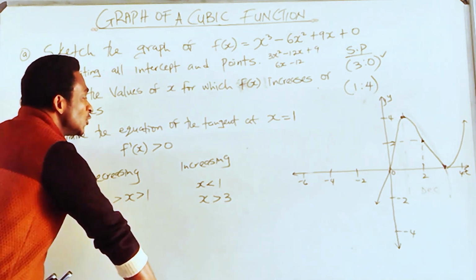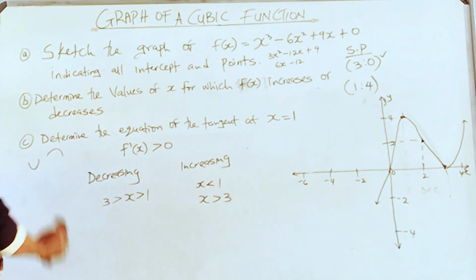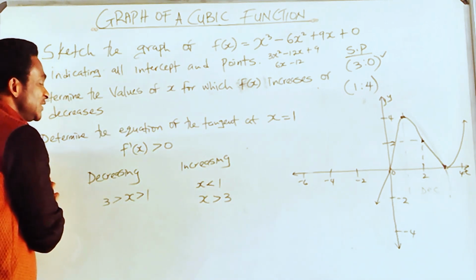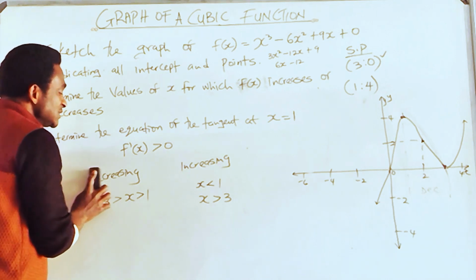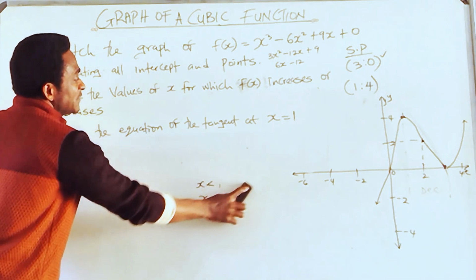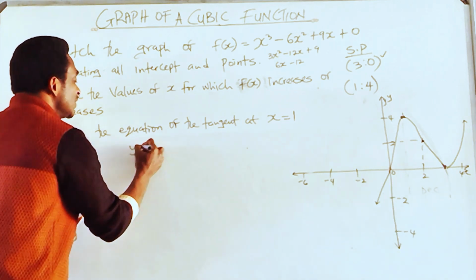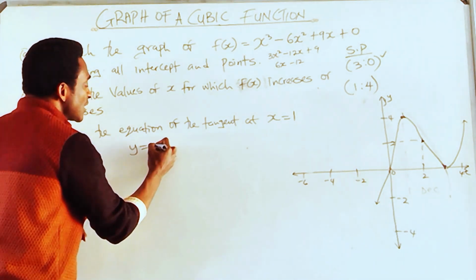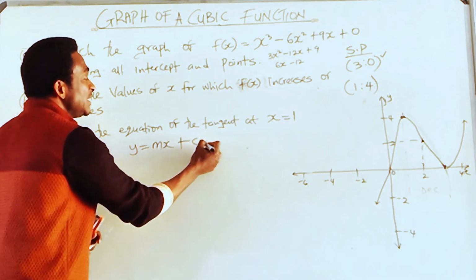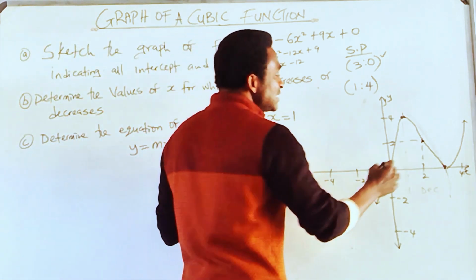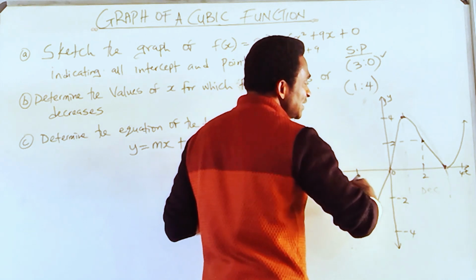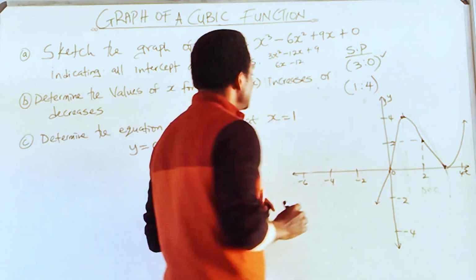Now, let's quickly go through the last question. They are asking us to determine the equation of the tangent at x equals 1. The tangent equation must be a linear equation because the tangent to a curve must always be linear. So at x equals 1, they are asking you the tangent equation.